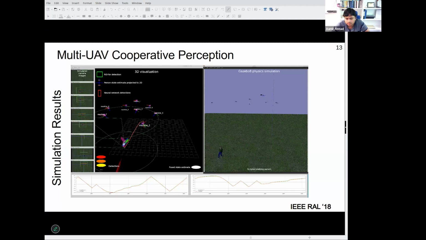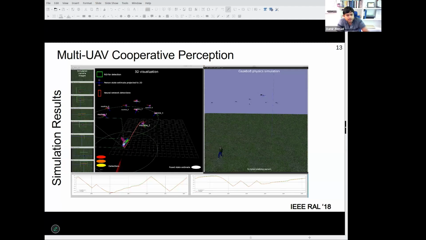In the bottom is a comparison with the ground truth. The person is moving, an articulated person moving in the environment, and what you see is the position of the 3D bounding box of the person, the X and the Y, compared with what we estimated as X and Y. I think green is the ground truth, and red is the estimate we made.